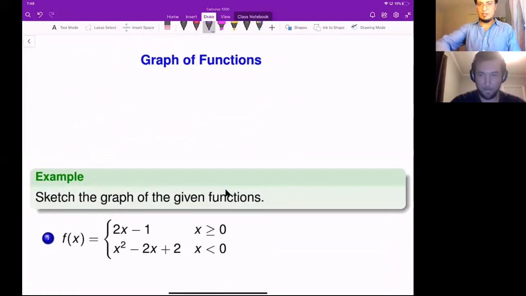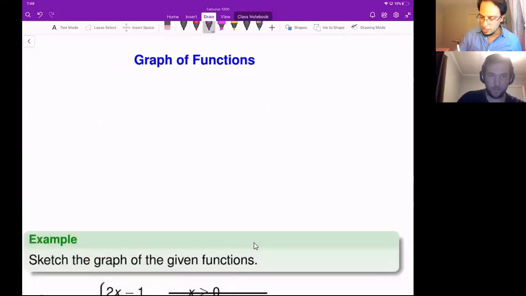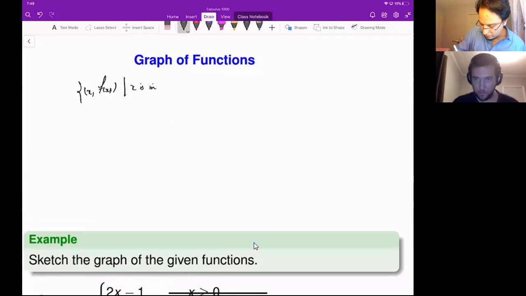Okay, so let's go back again. The second thing that we want to review is the graph of functions. What we do is this: when you have a function, you find all the points (x, f(x)) such that x is in the domain of f, and you put all these together.